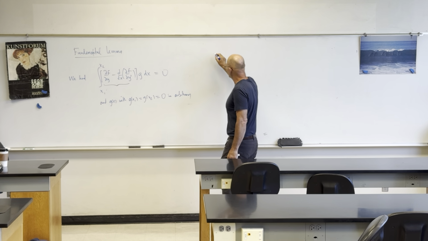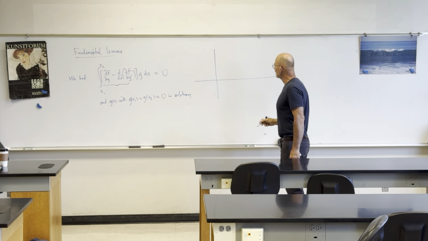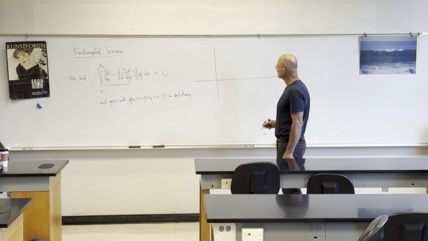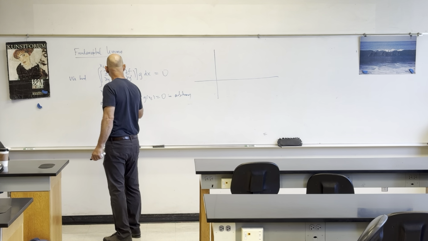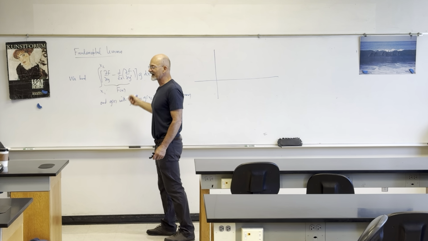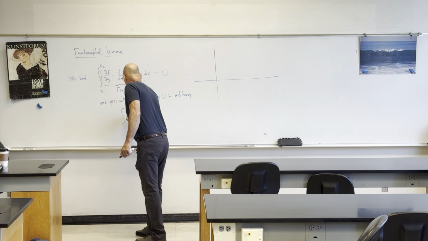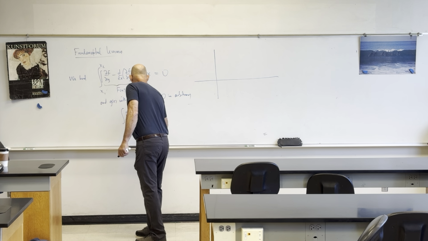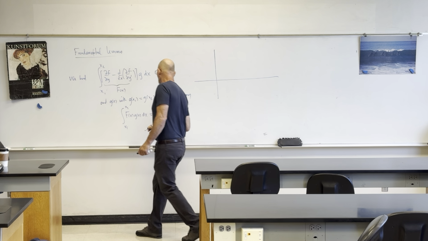Okay, so watch this. This is how this is done. It's done halfway with a picture, and halfway you can do it more formally as well. But let's just call this f of x right here, this square bracket. So we're looking at the integral of f of x, g of x, dx equals 0.